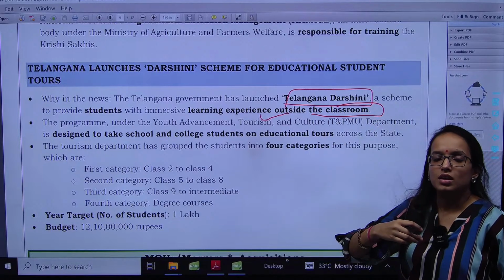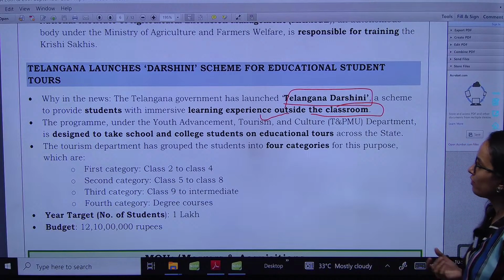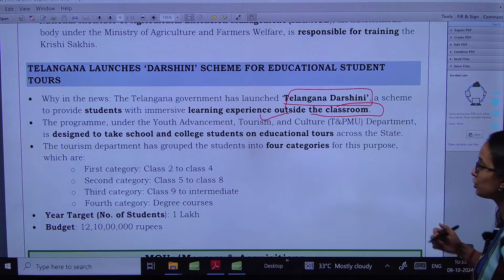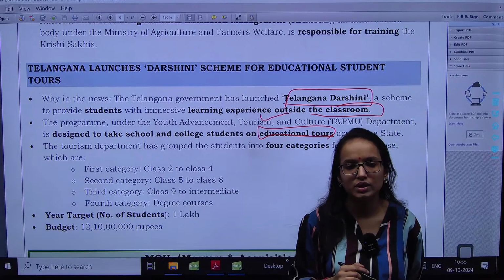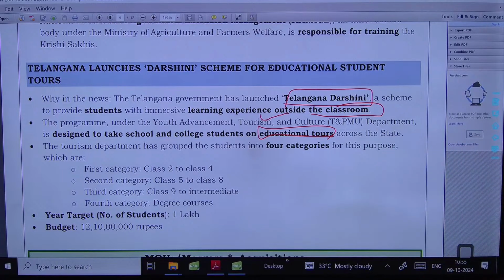Now the program, under the Youth Advancement, Tourism and Culture Department, has been designed to take all the school and college students on educational tours. So this will include taking them on educational tours so that they can learn outside the classrooms primarily. This is the objective, across the entire state.